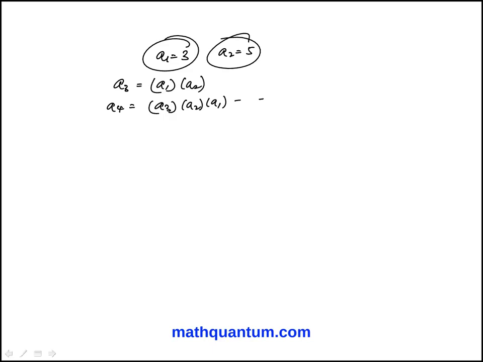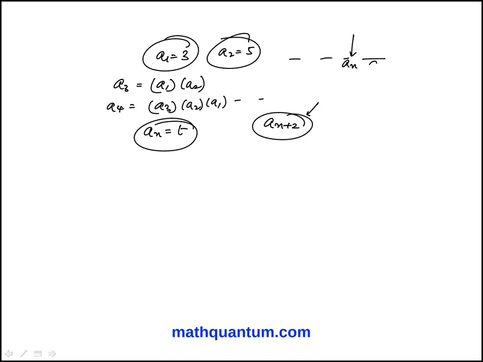And they tell us that the nth term is T, and they want to know the value of the n plus second term, meaning whatever the position is AN, the next term would be AN plus 1, and then after that would be AN plus 2. They want to know what that would be in terms of T.